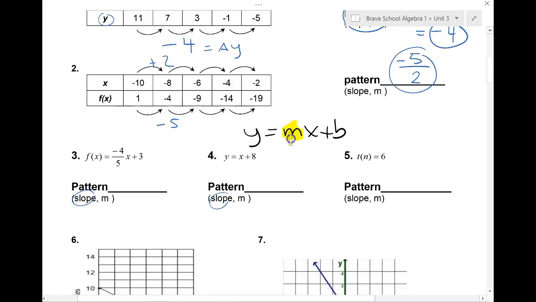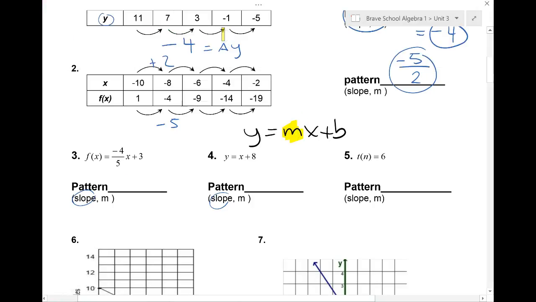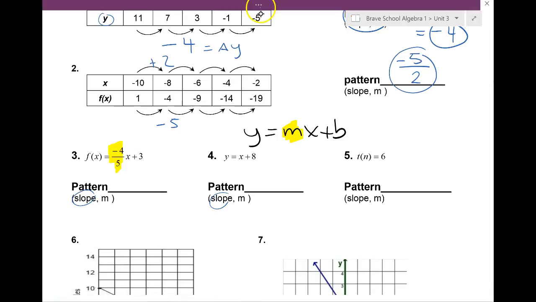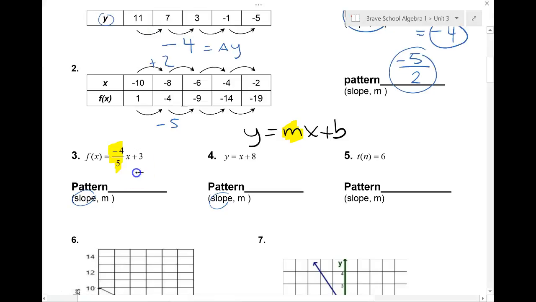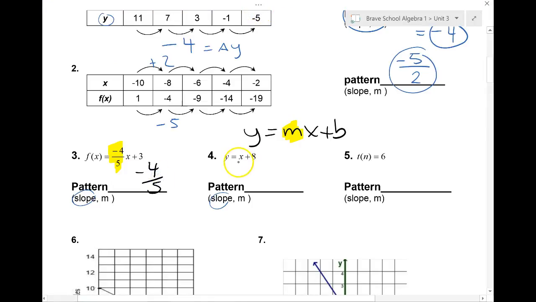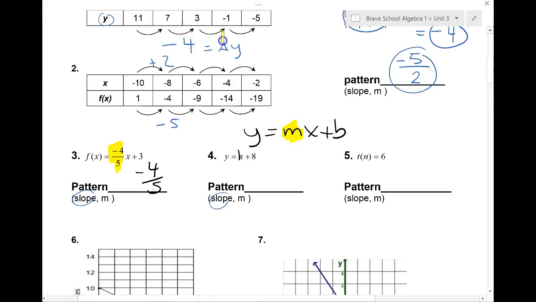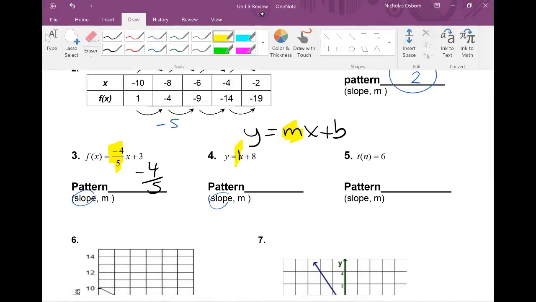And the m is our slope, and that's what we're looking for in this case. So here, let's just go ahead and highlight that. So here, there's a slope, negative 4 over 5. So that's our first answer, negative 4 over 5. Okay, now the next one, there's no number written here in front of x, so it's actually just 1. So then that is our slope, right there, 1.